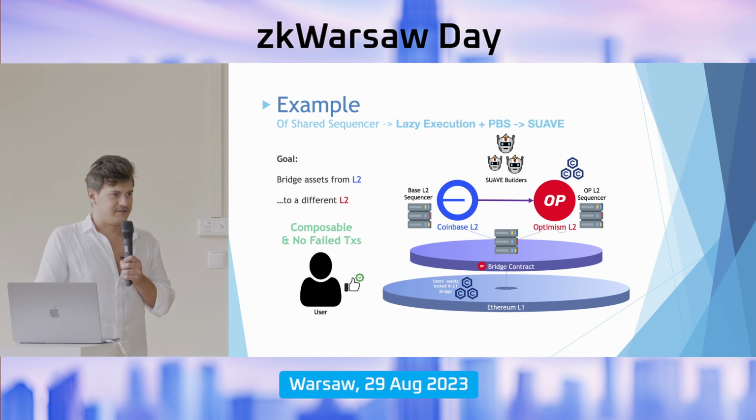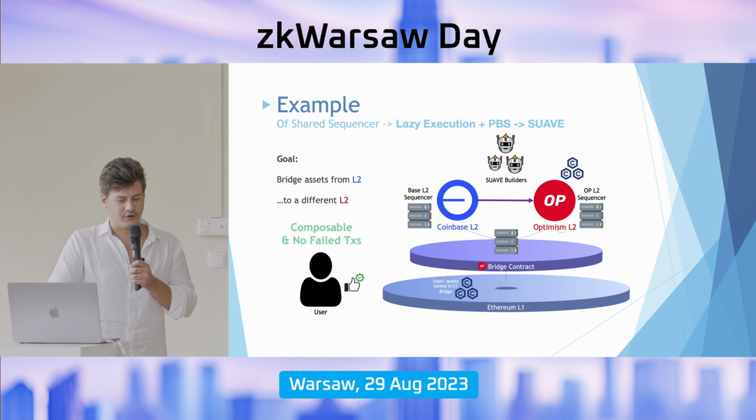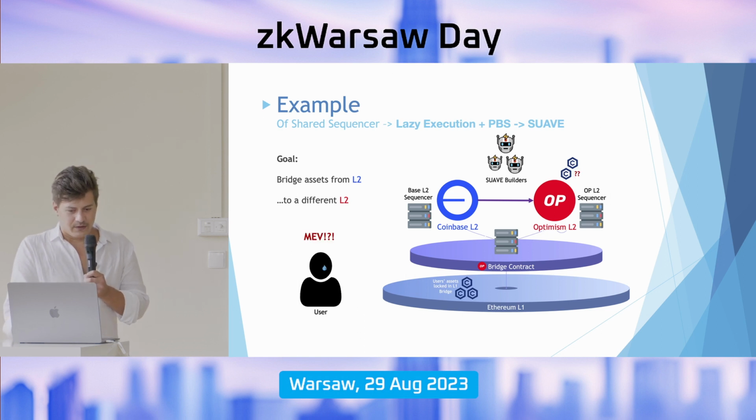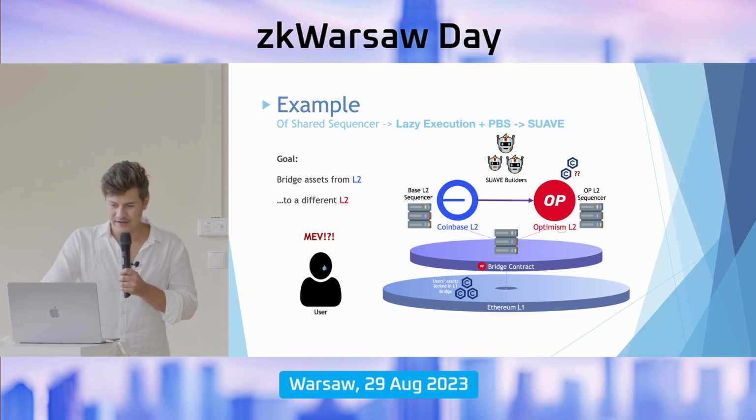So it's, again, atomically composable and there's no failed transactions. But you still have MEV, right? The Flashbots builders or Suave builders might see your transaction, see there's a chance to take some money from your swap, and they might still front run you, right?